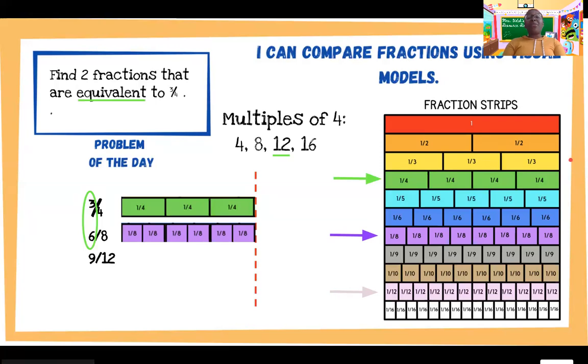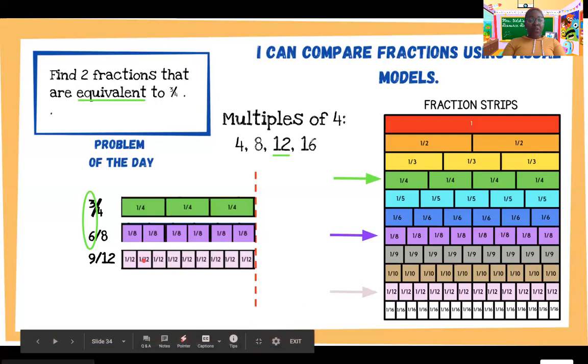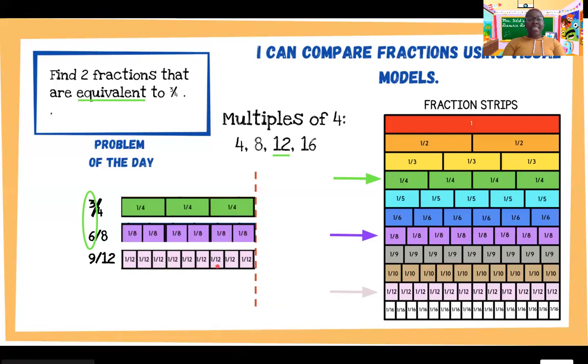Well, let's pull out 9/12 from our fraction strips and see if it's equivalent. Let's see. 1, 2, 3, 4, 5, 6, 7, 8, 9. 9/12 is the exact same length as 3/4 and 6/8.